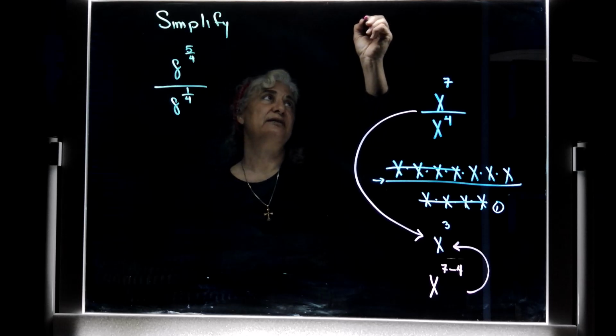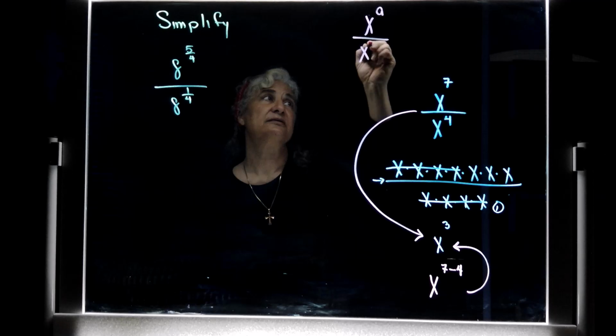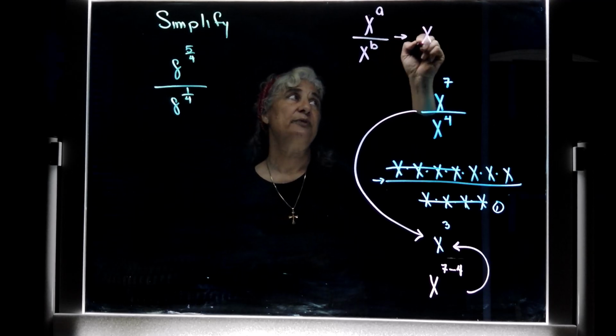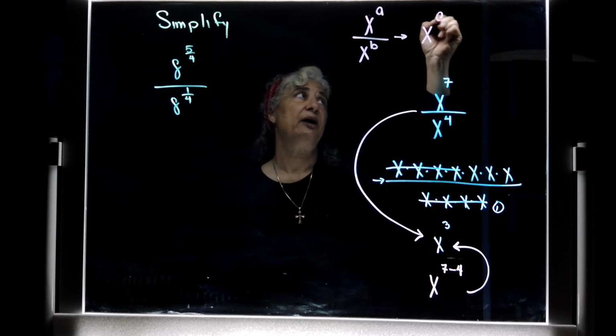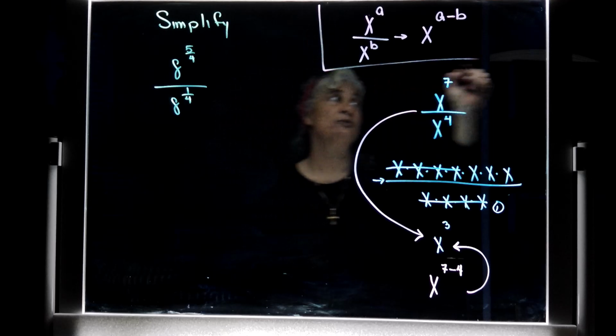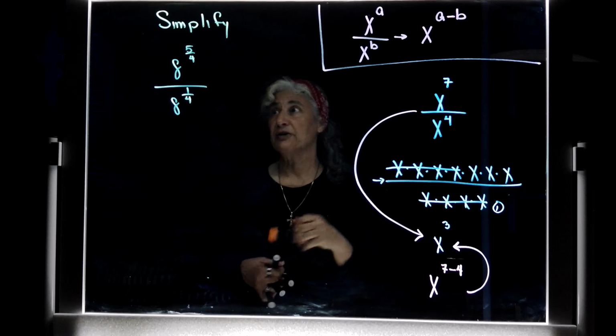So the rule says when you are dividing the same base, then it is a subtraction problem. The base remains the same, and you take the power in the numerator and minus the power from the denominator. That's the rule. Good?